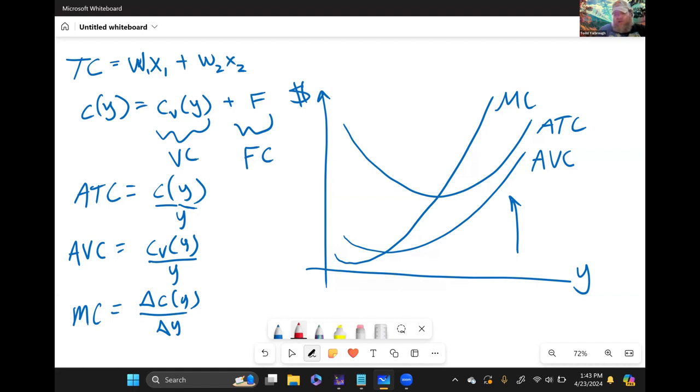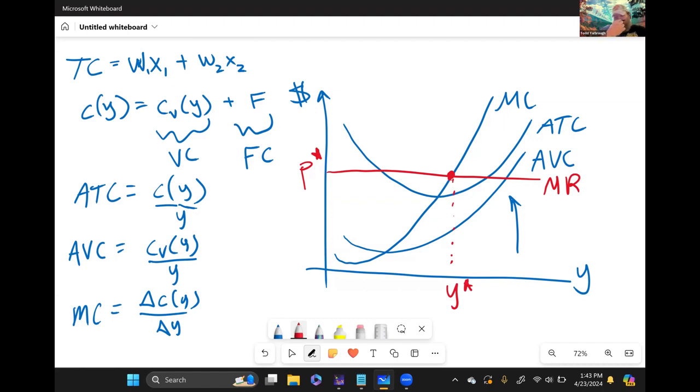We can also label it marginal revenue. And this enables us to visualize the profit maximizing decision of the firm, which is going to be where marginal revenue equals marginal cost. So this is Y star, and there we visually see where that occurs.